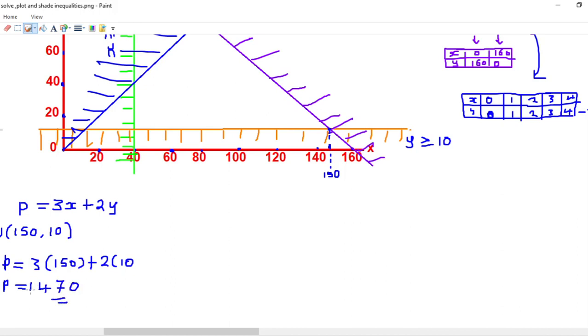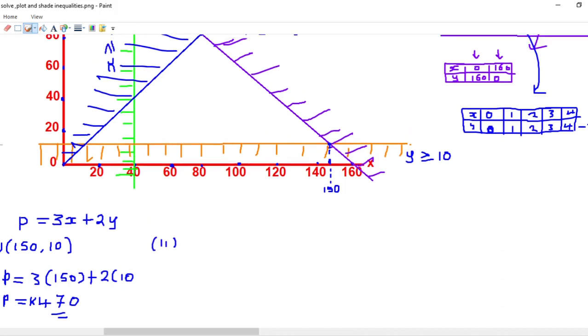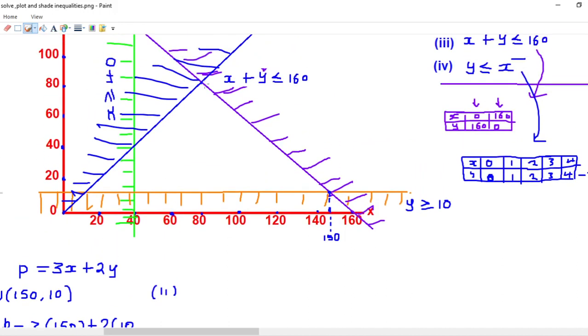We want to compare all the points and see which one gives us the maximum profit. Now let's do the same for the second one, picking the point right here. You can just estimate, but if you are using graph paper, you will do accurate work here.